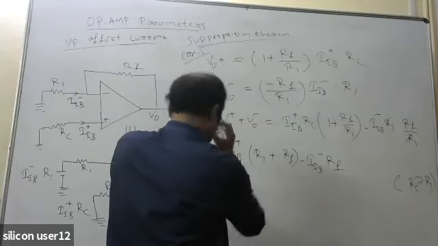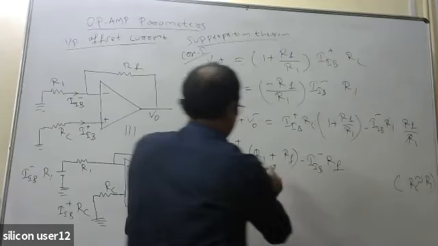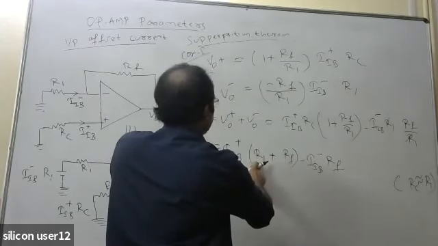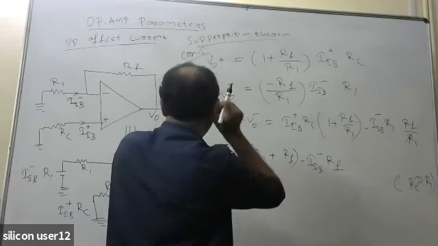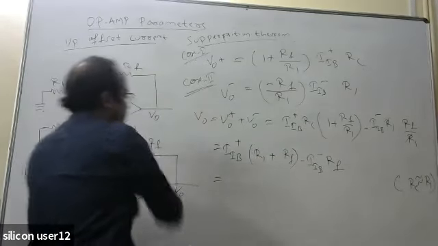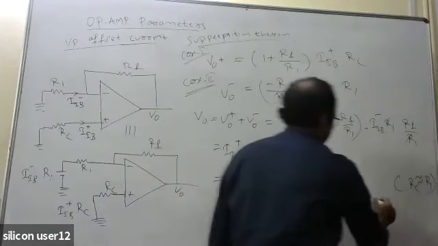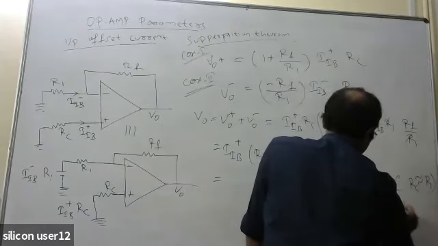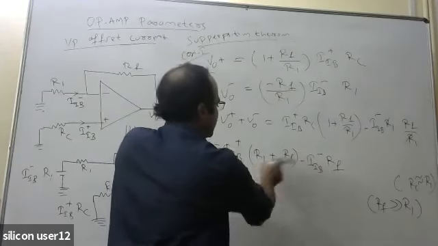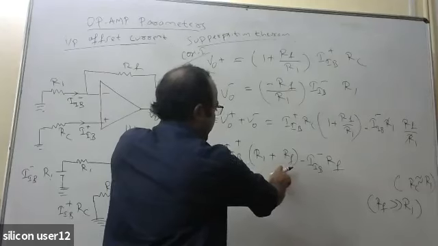Another assumption is that RF is much larger than R1. If you look at any of the values, you will find RF is taken much larger than R1. So if RF is much greater than R1, then R1 will be neglected and this simplifies to only RF.